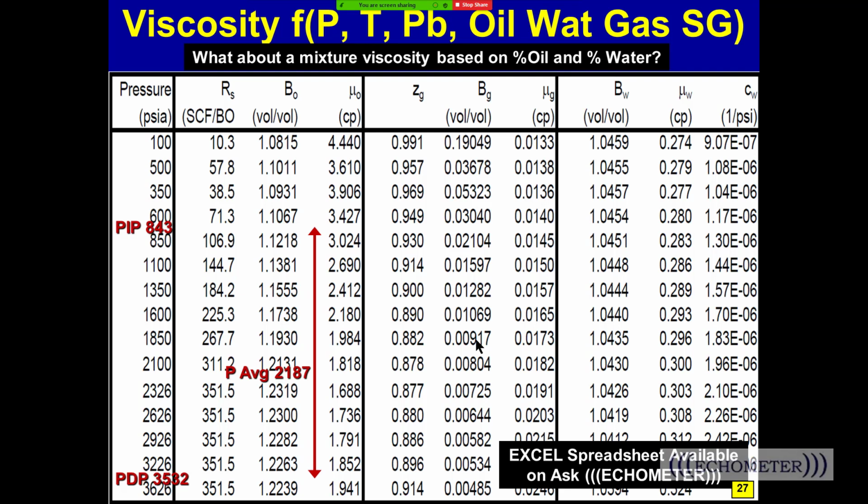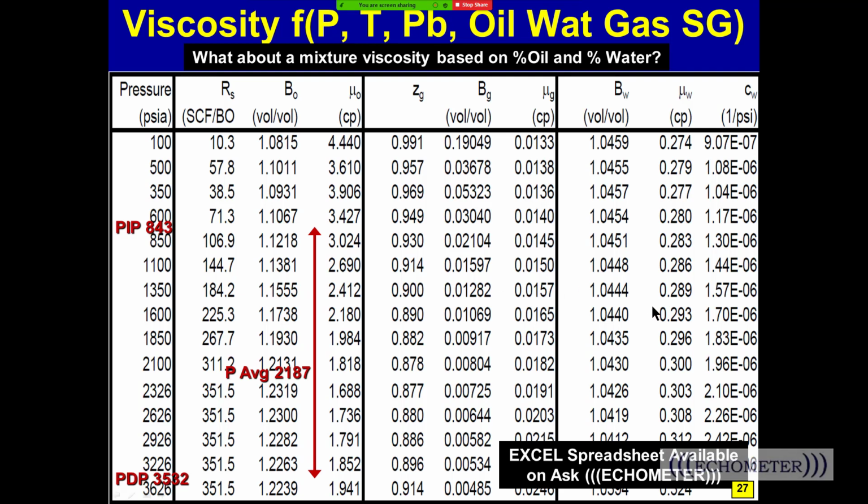So initially we use 0.76 as a default, and this is the output from the spreadsheet, and you can get it from the Ask Echometer webpage. And this is the intake pressure, and there's the discharge pressure for the example well. And you can see here that the viscosity of the oil changes from 3 down to 1.8, and the water viscosity is right here, and it's basically much less than 0.76 because it's hot.